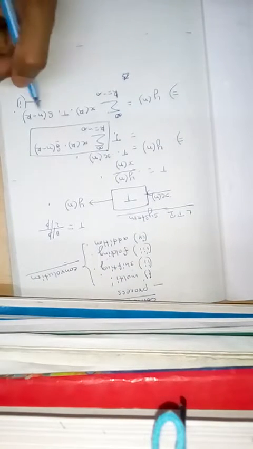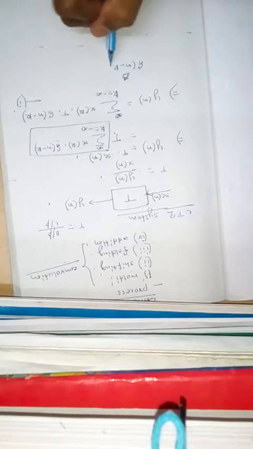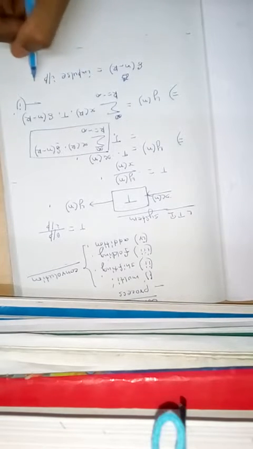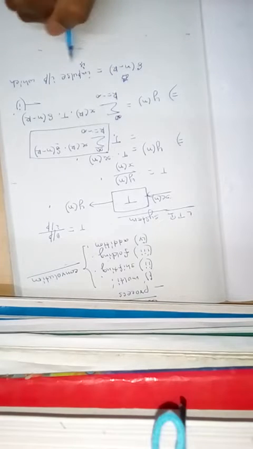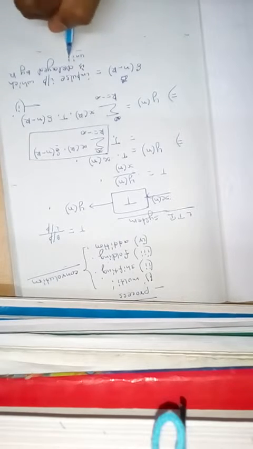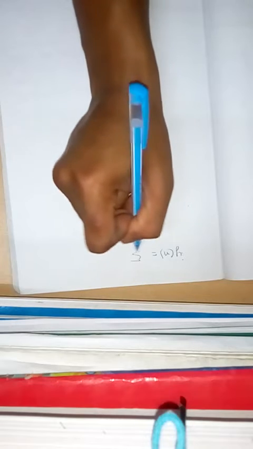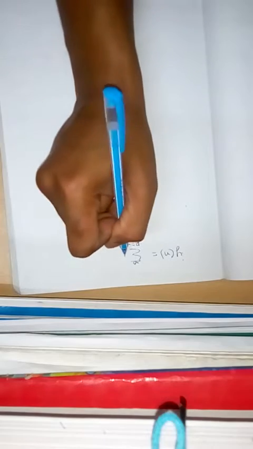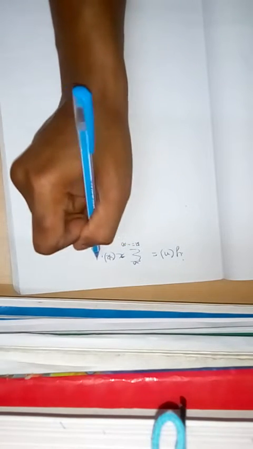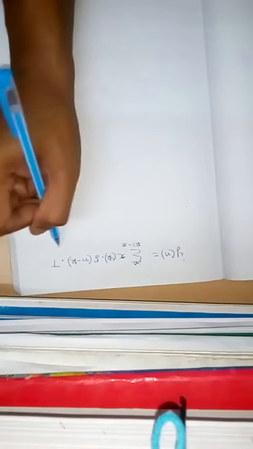Now delta of n minus k is nothing but the impulse input delayed by k units. So we have got previously y of n equal to the summation of k equal to minus infinity to infinity x of k into delta of n minus k into T. This is equation 1.